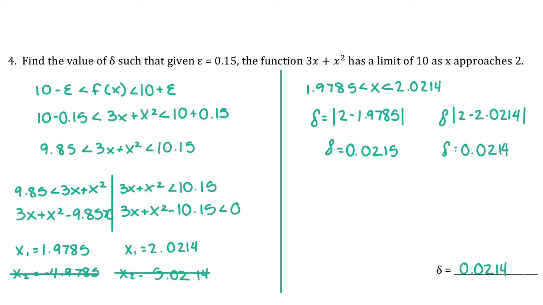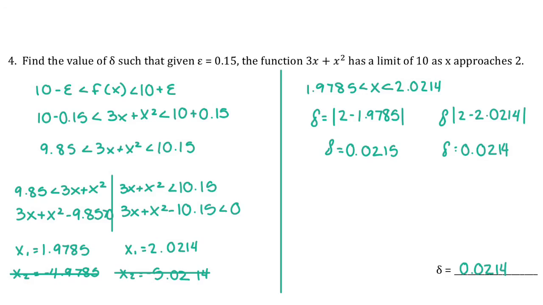Then you separate your inequalities and you wind up with two different inequalities that say 3x plus x squared minus 9.85 is greater than 0, and 3x plus x squared minus 10.15 is less than 0.